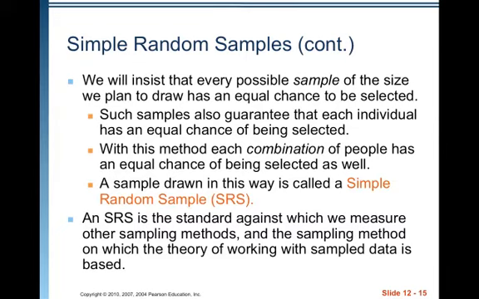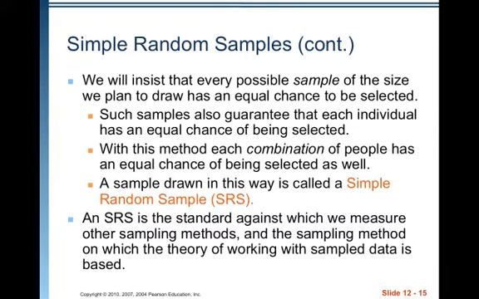Such samples also guarantee that each individual has an equal chance of being selected, because that's just a special case of our first statement. It's just a case of a sample of size 1. So each individual, but also every possible sample of a particular size, has an equal chance of being selected. With this method, each combination of people has an equal chance of being selected as well.